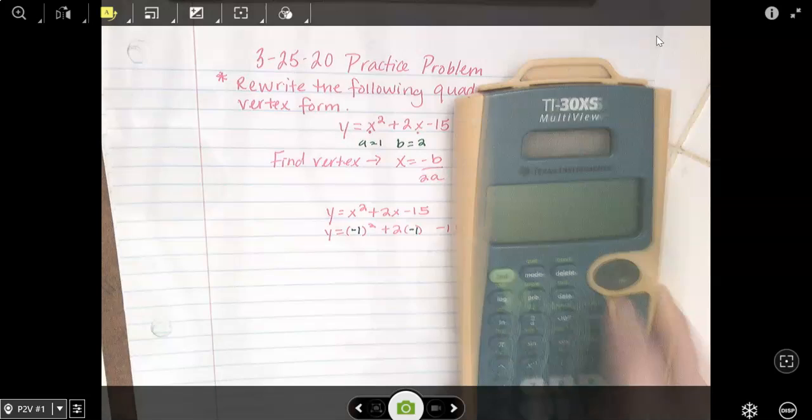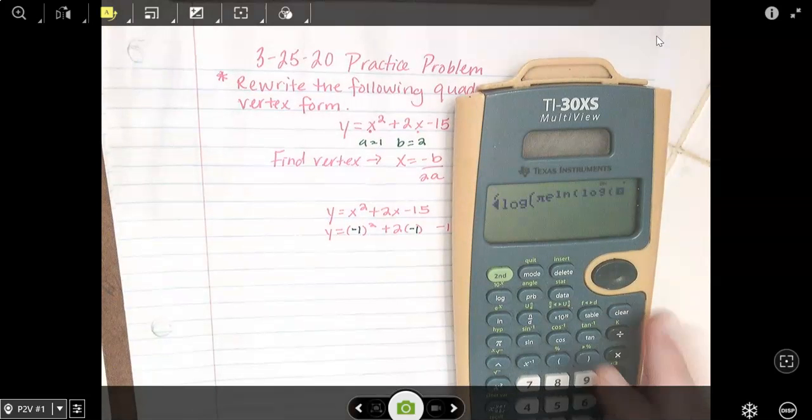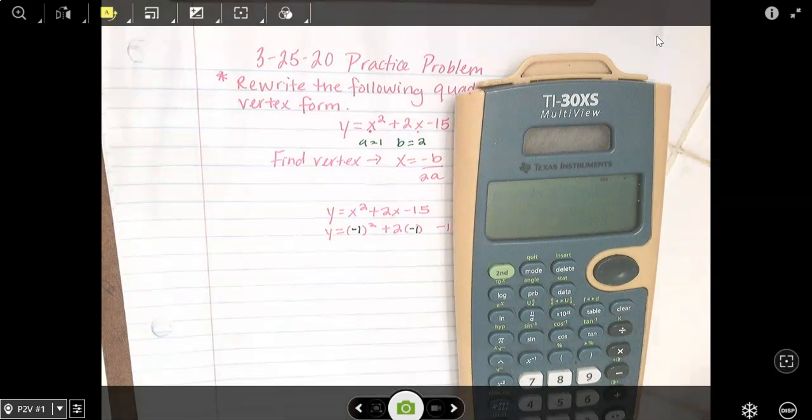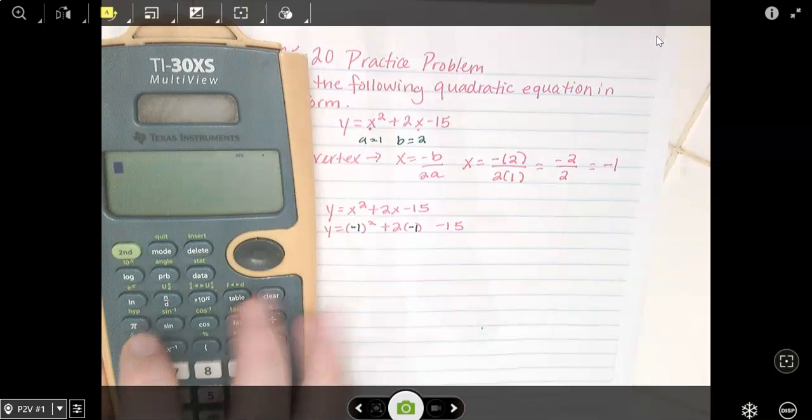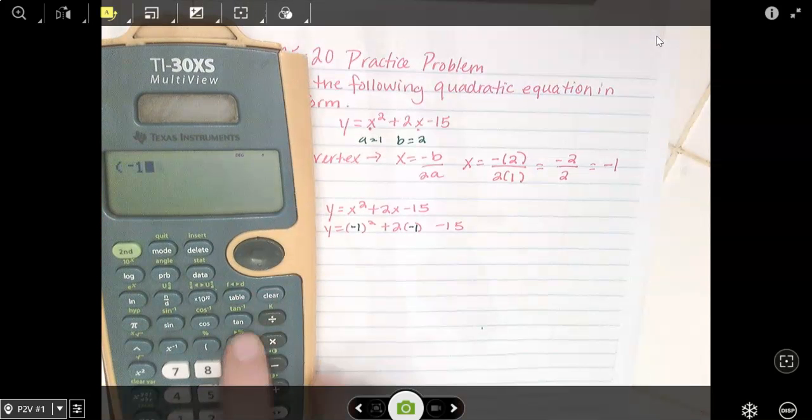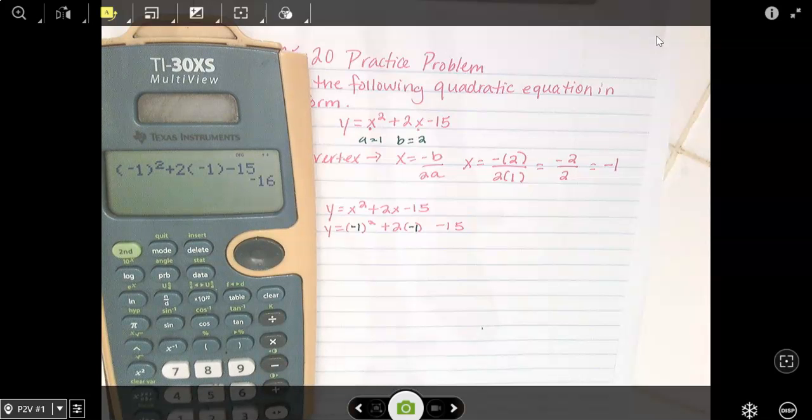Now, if you don't want to do the arithmetic in your head, you can do it with the calculator. So this is going to be negative 1 parentheses squared plus 2 times negative 1 parentheses minus 15. That gives you negative 16.